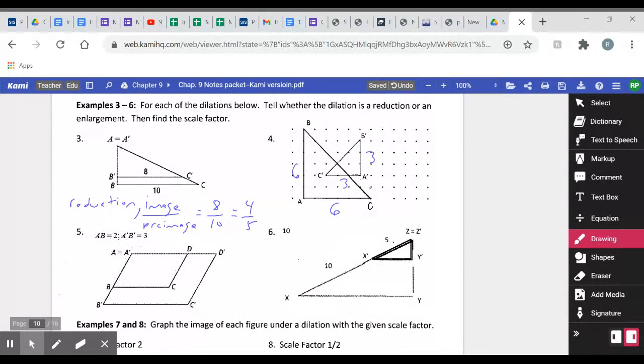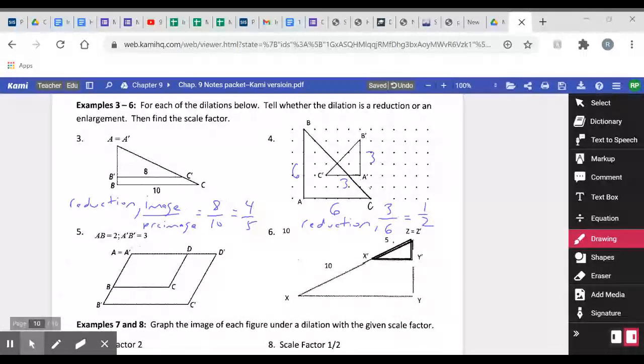So again, from the original ABC down to the A prime, B prime, C prime, it got smaller. So again, it's a reduction. And again, if I go image, the new length is 3. Pick a pair of corresponding lengths. The original length is 6. So that reduces down to 1/2. Or if you write 0.5, that's fine.